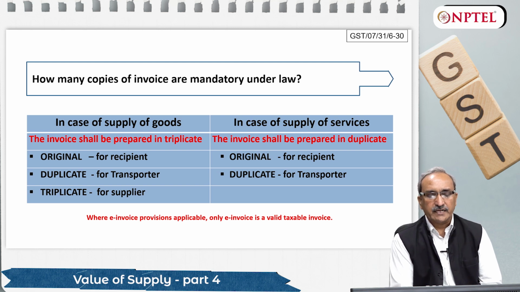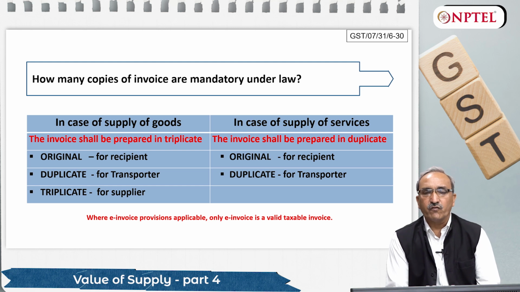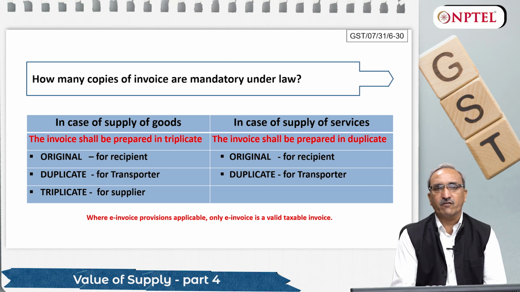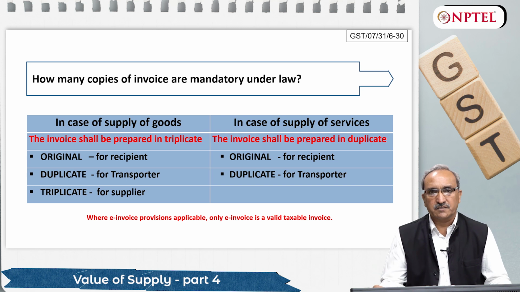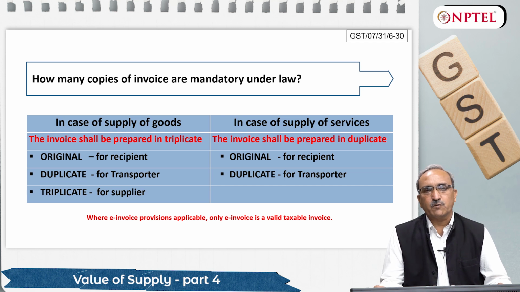Then the triplicate copy is an office copy of the supplier, who will record the transaction in his books of accounts based upon this invoice, the third copy, the triplicate copy, and also discharge his tax liability to the government, because it is his outward liability, it is a sale, and the sale or the supply is subject to GST, and the supplier will pay tax to the government based upon this third copy of the invoice.